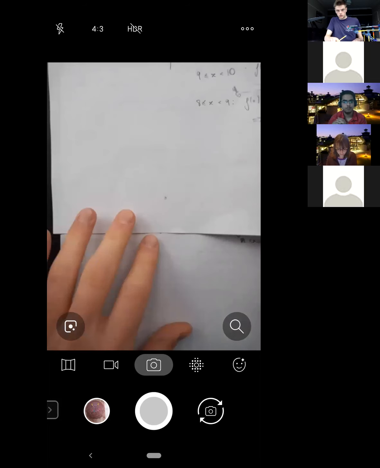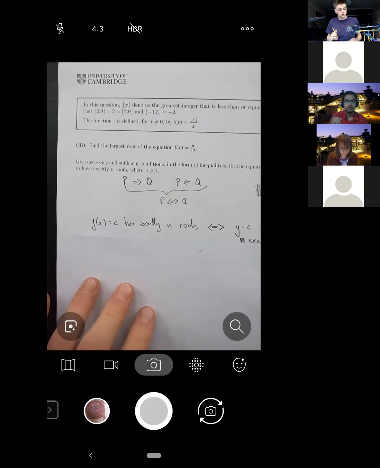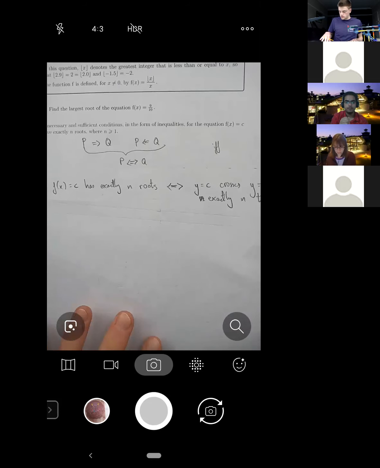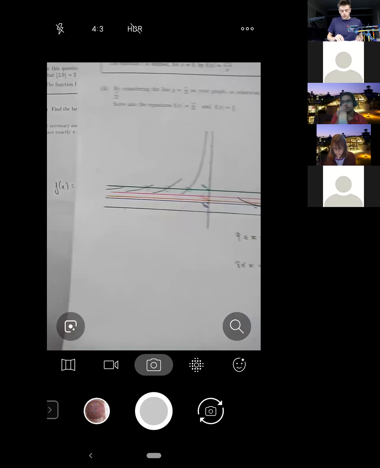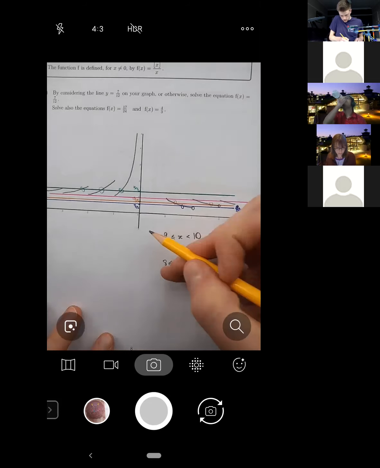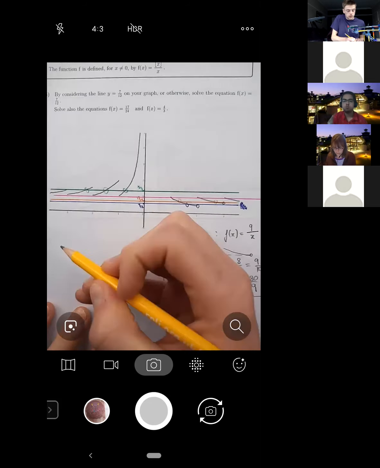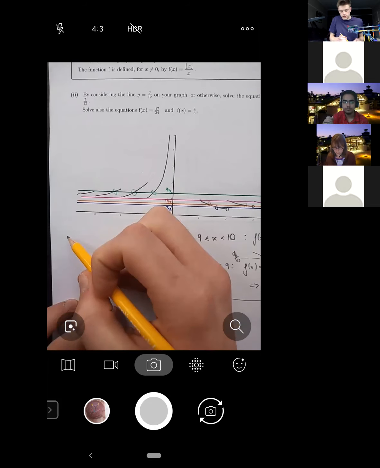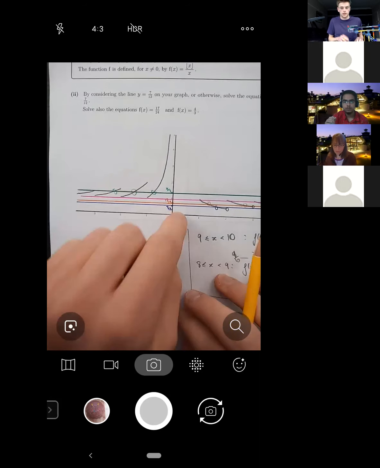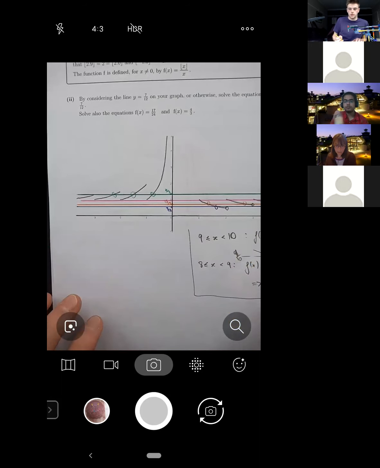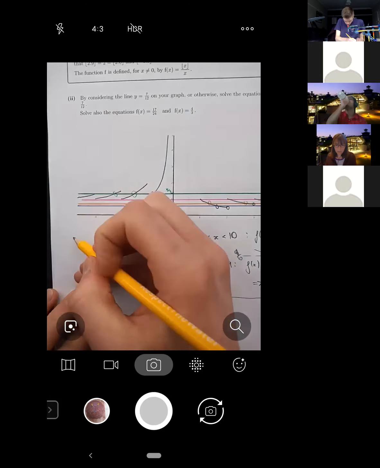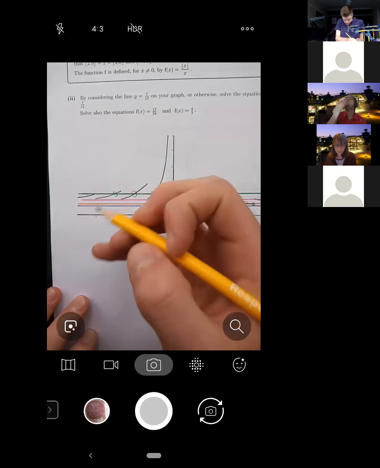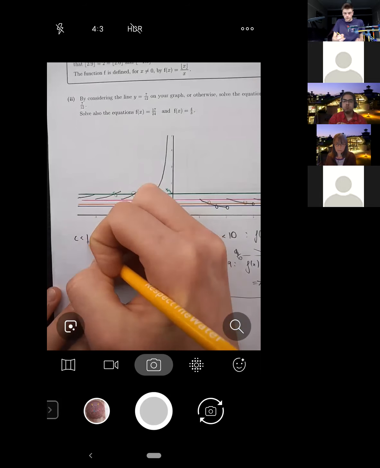Sorry, this is slightly confusing, but it's just so I've got the graph and what I want to write on the same page. So let's look at c less than 1.